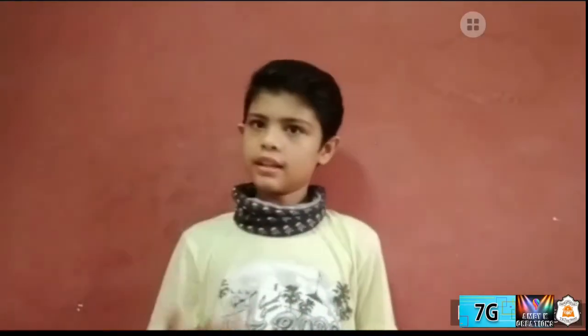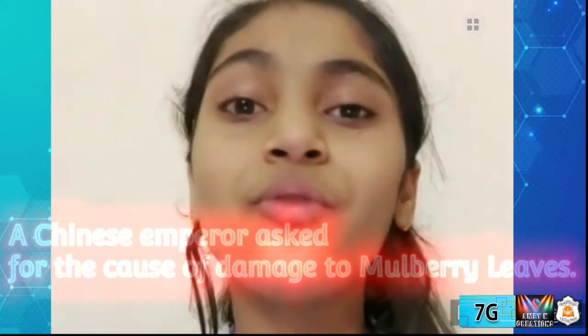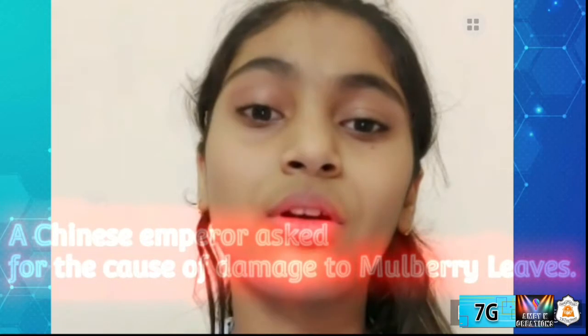From cocoon to silk. For obtaining silk, silk moths are reared and their cocoons are collected to get silk threads. The discovery of silk was made in China a long time back. According to an old Chinese legend, the Empress Si Ling Chi was asked by the Emperor Huang Ti to find the cause of the damaged leaves of the mulberry trees growing in their garden.